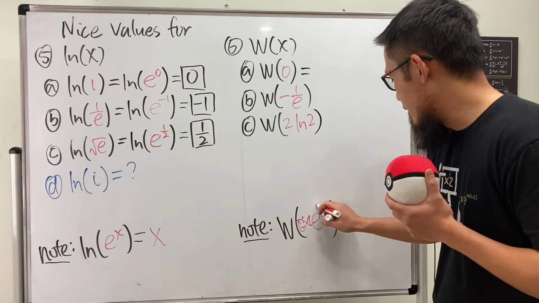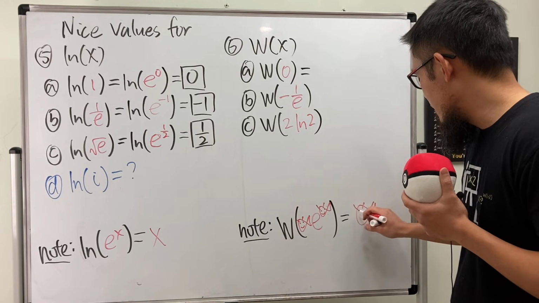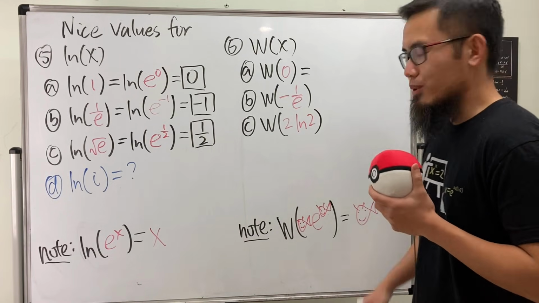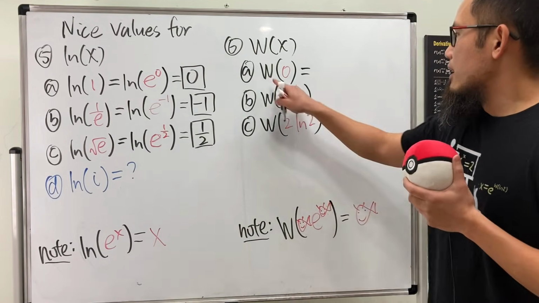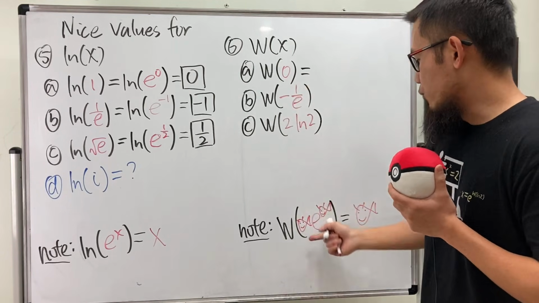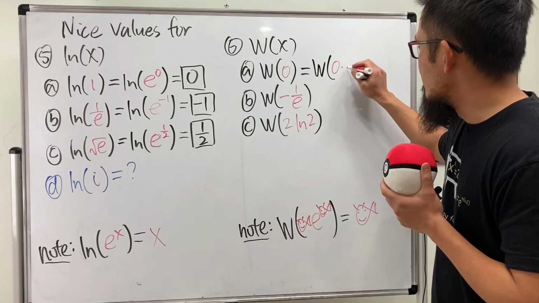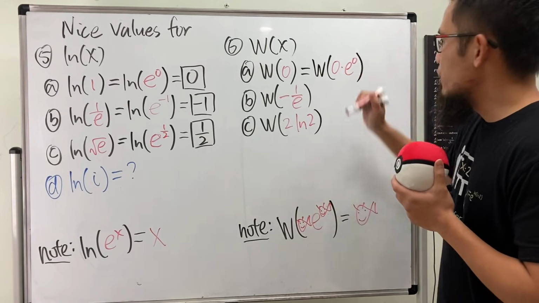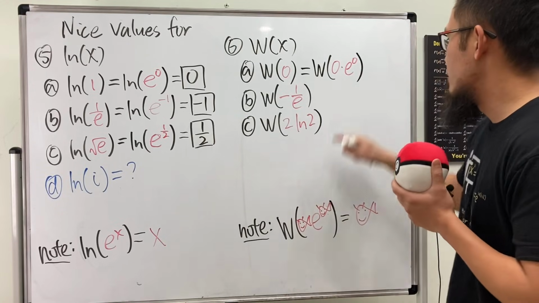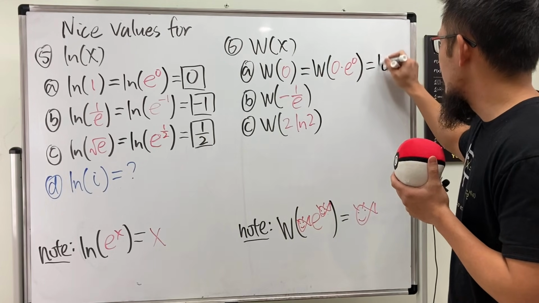So if you guys have been wondering why I draw fish all the time, it's because alpha, but it's also kind of cute. Anyway though, here we have W of 0. So how can we write 0 in this form? Well, have a look. It's just W of 0 times e to the 0 power. Can we do that? Yes. In this case, it's just equal to 0. So the answer is 0.